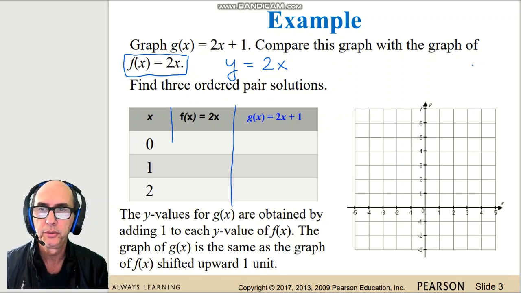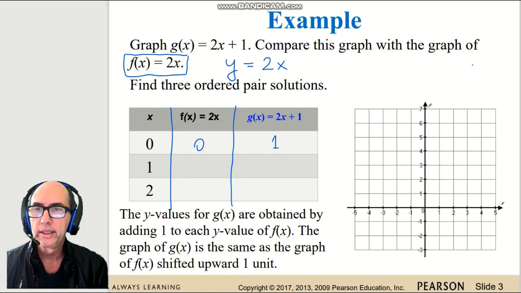So let's find the value for each one of these functions. If I plug in x into f of x, f of 0 equals 2 times 0, which is 0. g of 0 is 2 times 0 plus 1, so g of 0 equals 1.